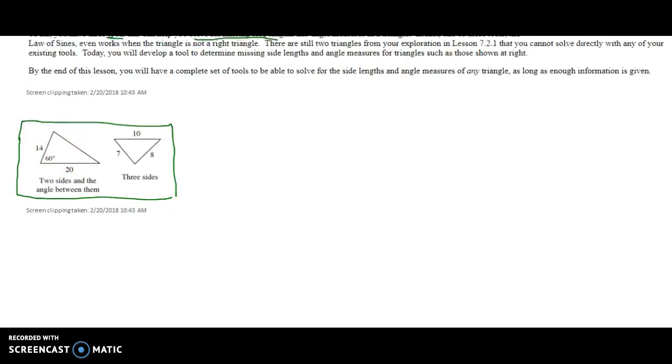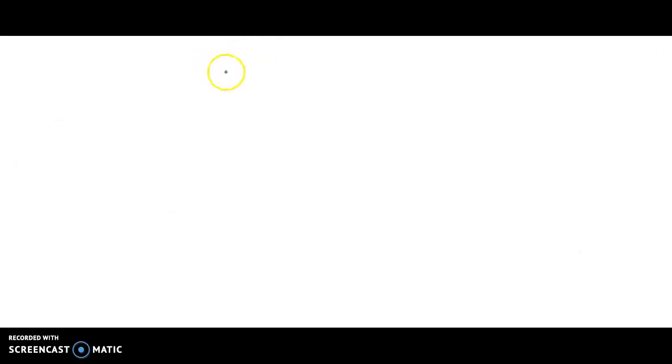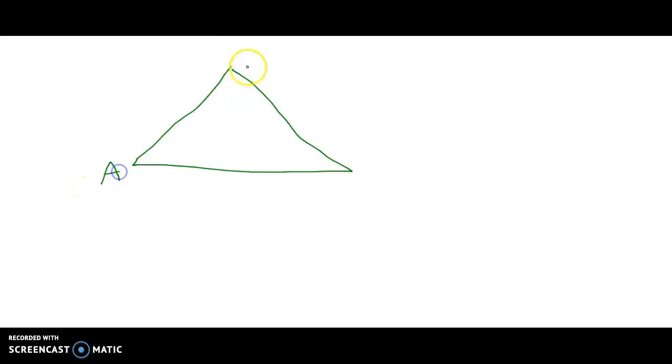Generically speaking, if we have a triangle, let's call it triangle ABC, and we'll label our sides a, b, c. Just like we did in the law of sines, I'm going to drop in a perpendicular line here, so we have a 90-degree angle, and two right triangles now.